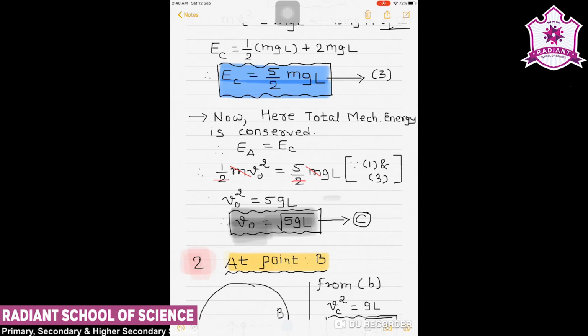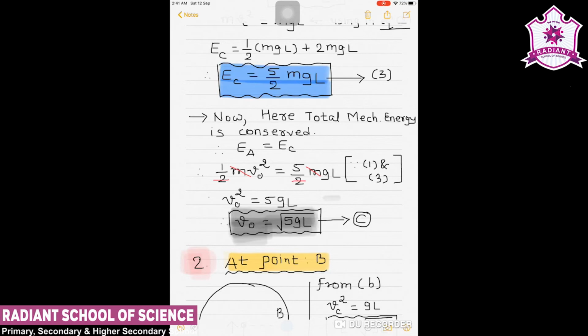As we compare, EA, the mechanical energy at point A, equals EC, the mechanical energy at point C. At point A we consider that it is at the lowermost point, and there is no potential energy at that point. So at point A the kinetic energy was 1/2 m v0 square, and that is the total mechanical energy at point A.